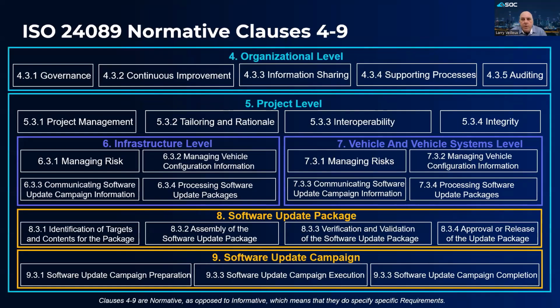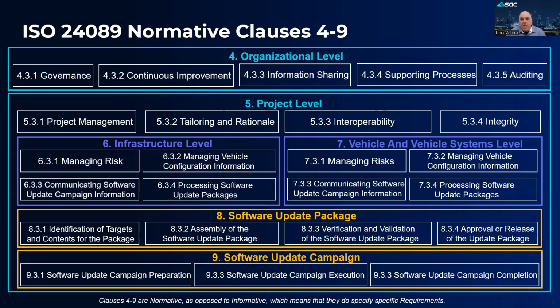This table was produced from the ISO 24089 standard, but unlike ISO 24089 Figure 1, which I depicted previously, this table includes the subclauses listed too. So now it's obvious that there are 6 clauses, 4 through 9, and 24 subclauses.